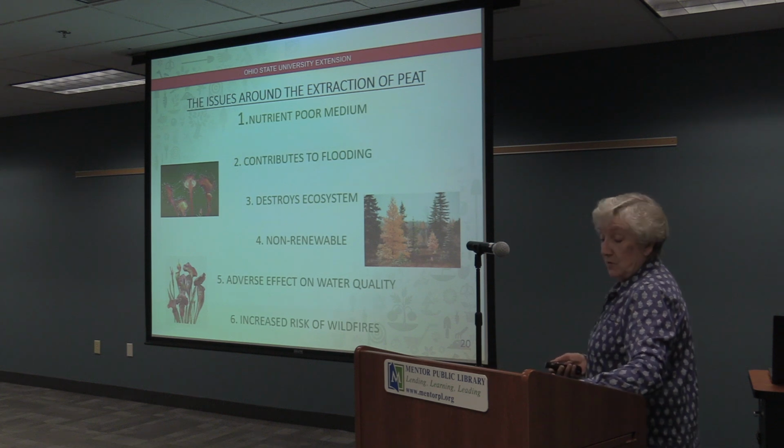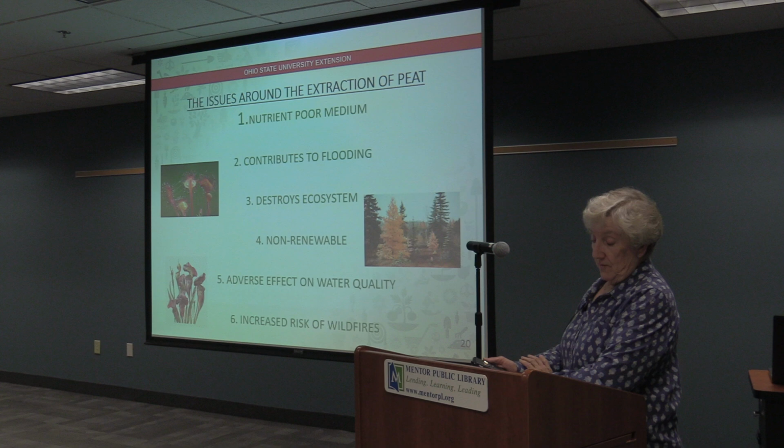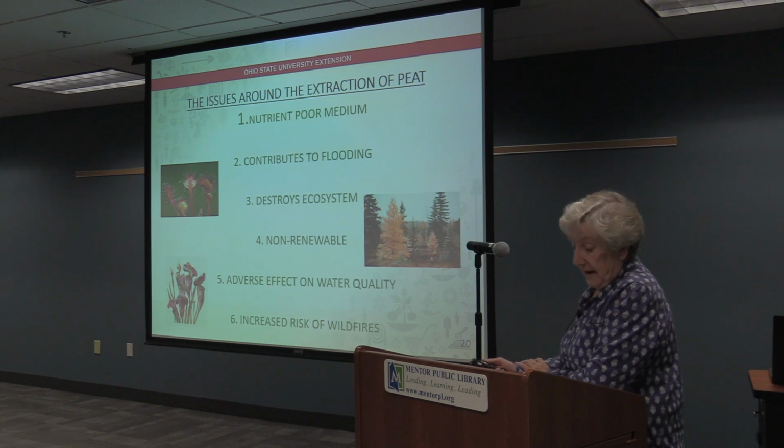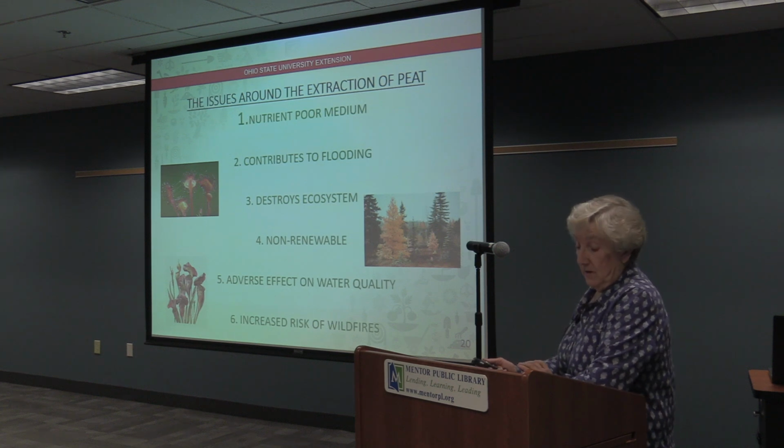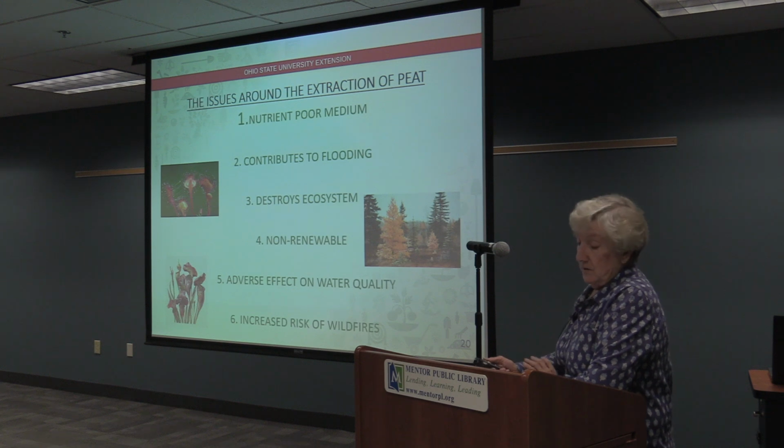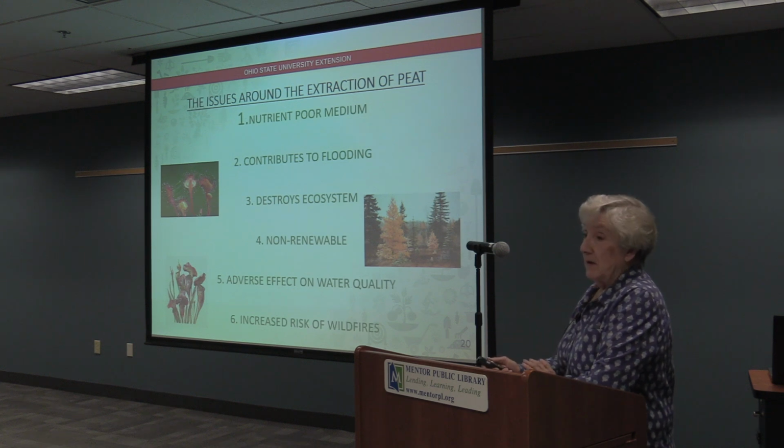Third reason we should reconsider our destruction of the bog is that the wetlands provide a very unique ecosystem. In addition, we've already mentioned some of the unusual plants that grow there, the sphagnum moss, the reeds, sedges, heather.